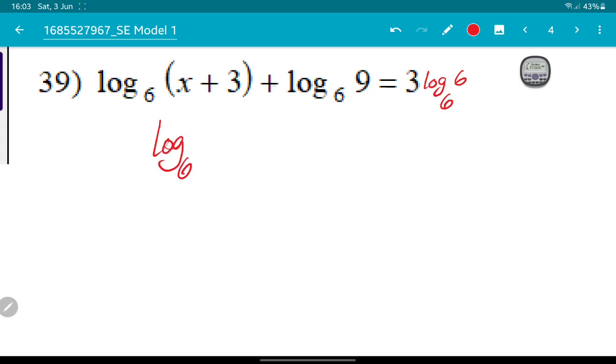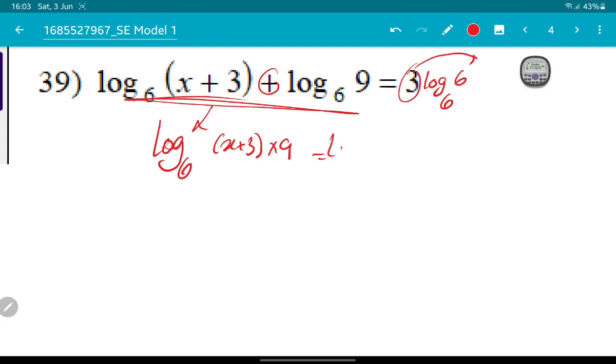It's log 6. This addition is originally multiplication. So this is x plus 3 multiplied by 9. Now we have one log on the left side, and this goes back to the power, so it's log 6 and 6 plus 3.